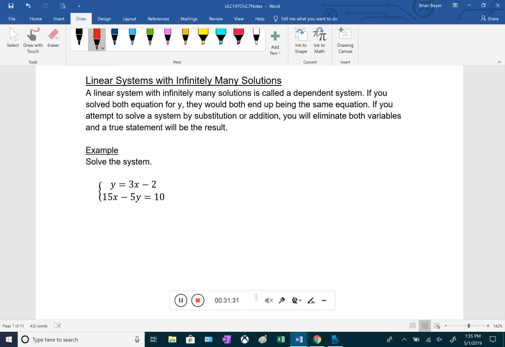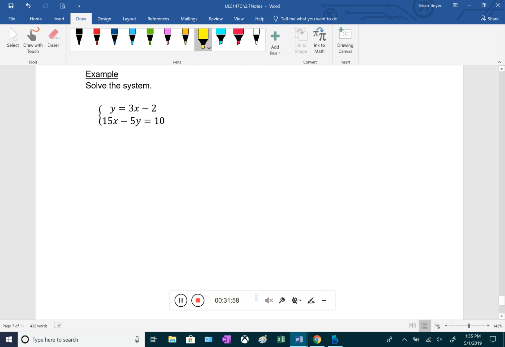If we tried doing this with the substitution or addition method, the variables would cancel just like they did in the previous one, except this time we would get a true statement. We would get something like 0 equals 0, and that's how we know that there are infinitely many solutions.